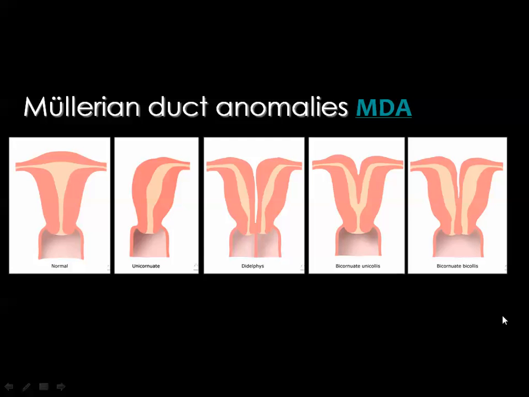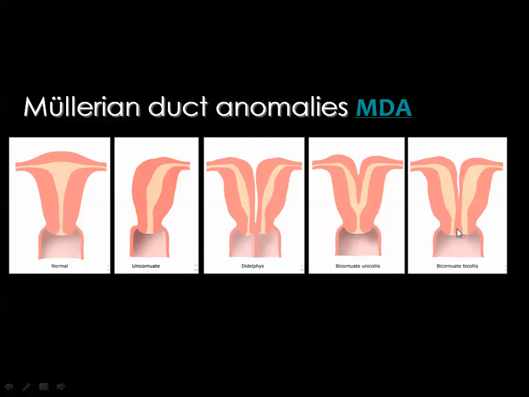But sometimes, in cases of bicornuate uterus, you have two uterine cornua that are fused at a certain distance, but each uterine cornua has its own cervical canal. And this may simulate the uterus didelphys, but you remember that in uterus didelphys, there are two separate uterine cavities and two separate cervical canals.